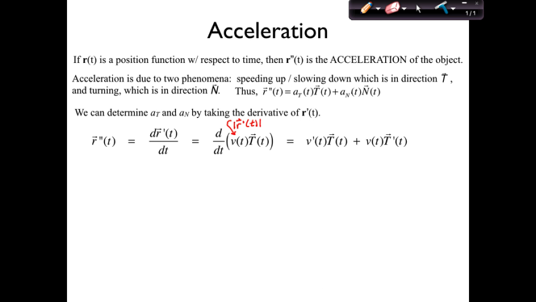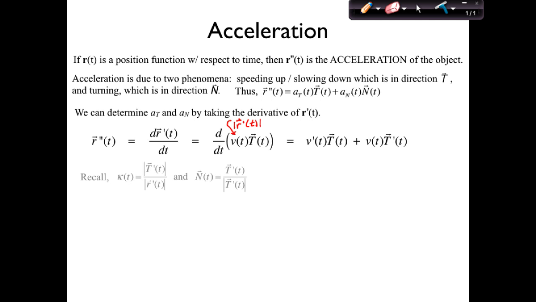So already we see, look, we've got the acceleration due to speeding up and slowing down. So now we're going to change things around to get this to be acceleration due to turning. Okay, so recall a couple things.